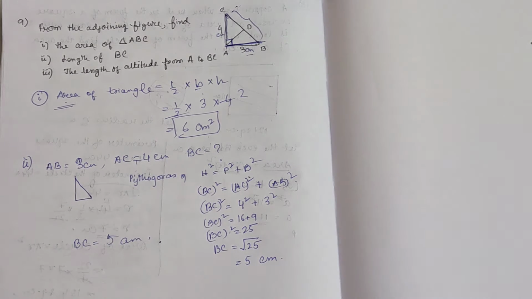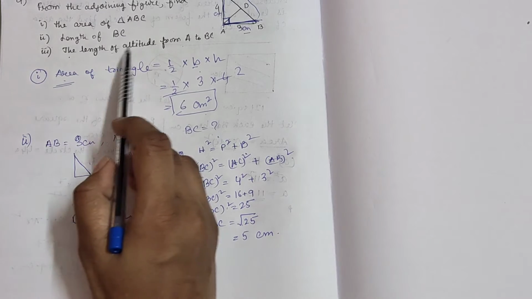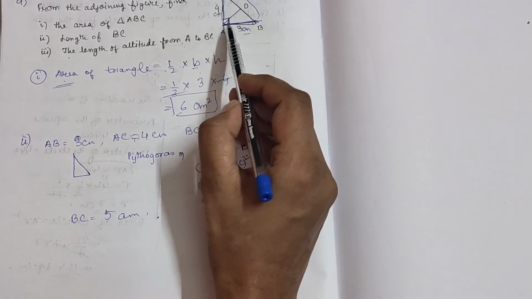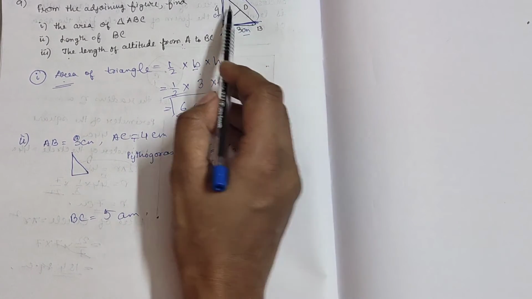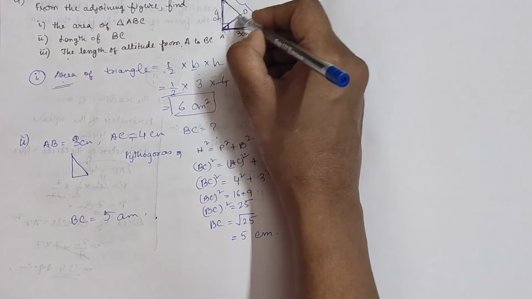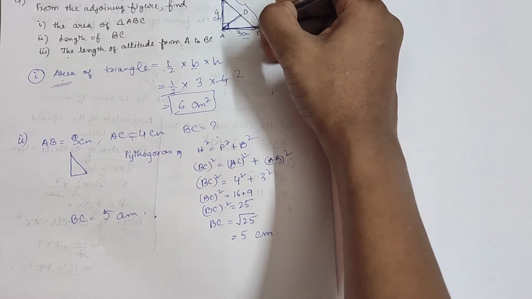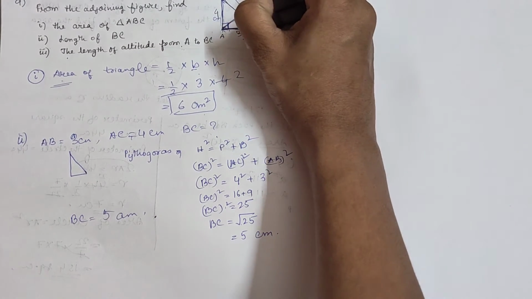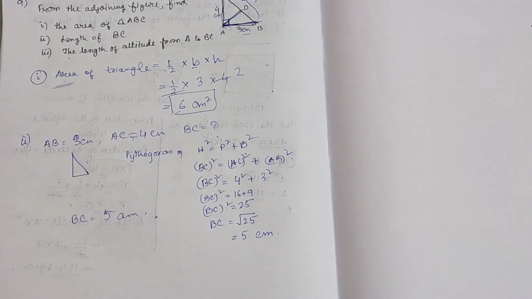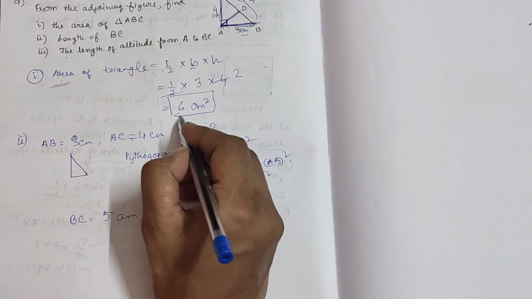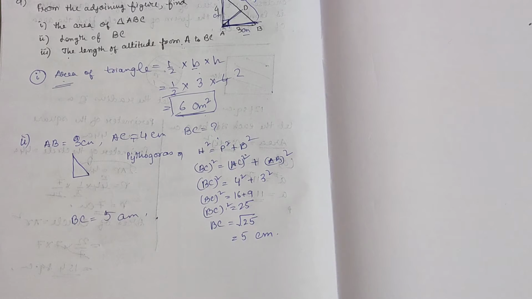Let's do number 3. In number 3, it is given length of altitude from A to BC. Mean we have to find out the value of AD. So BC value we have got 5 centimeter. We have got the area of the triangle is 6 centimeter square.